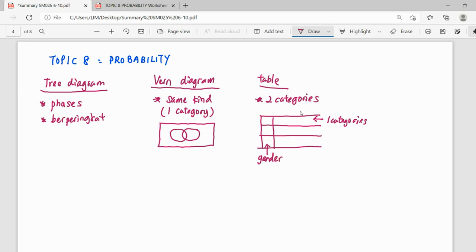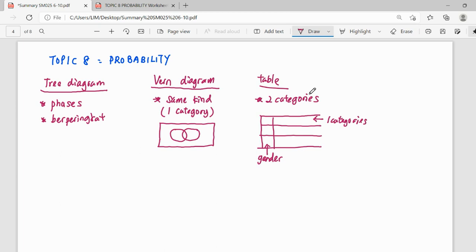So you can see there will be two types of category of information involved in a table. The Venn diagram has one kind. For an experiment which is in stages, we would normally analyze using a tree diagram. Okay, so that will be our techniques of answering, three types.